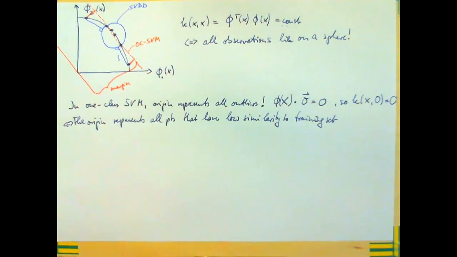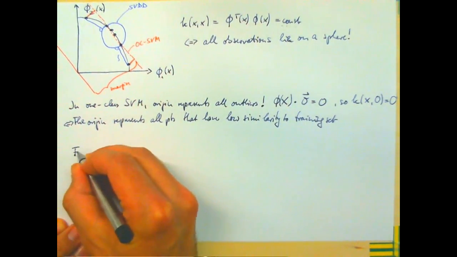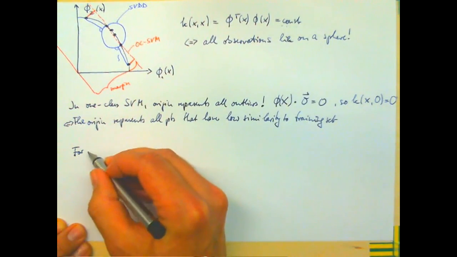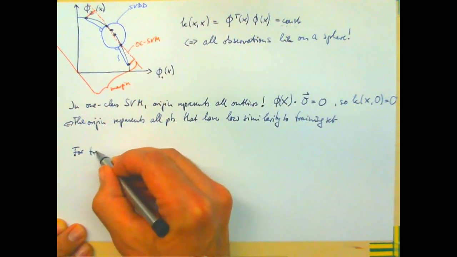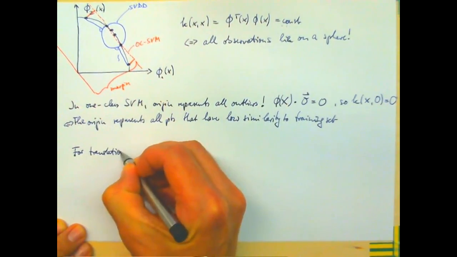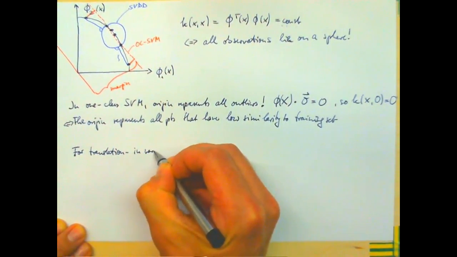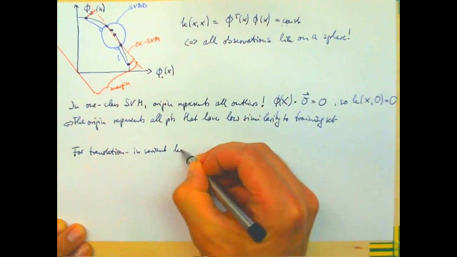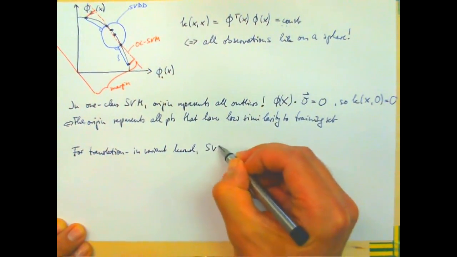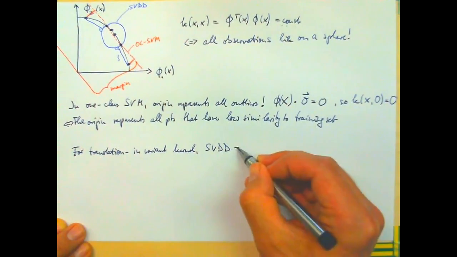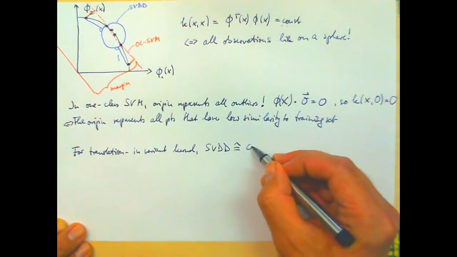So for a translation invariant kernel, support vector data description gives you the same as a one class SVM.